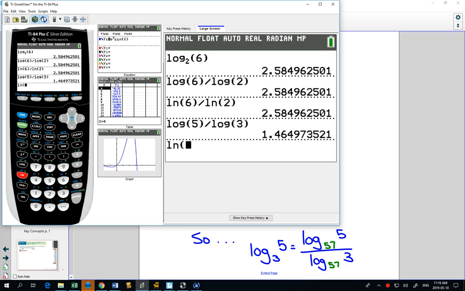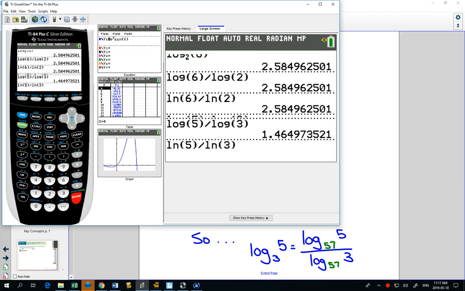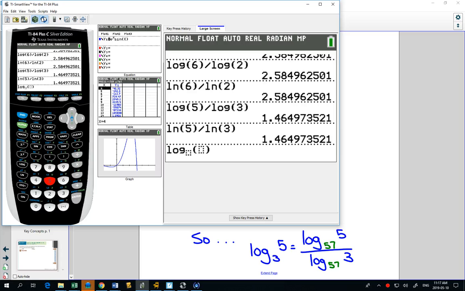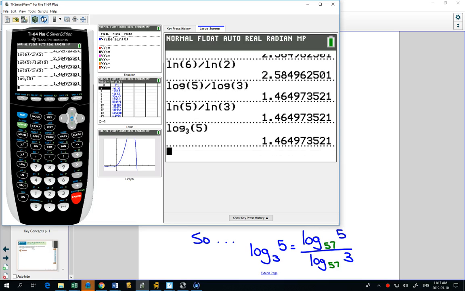Or I could do natural log 5, because that's a different base, divided by natural log of 3. And all of these are going to be equal to log base 3 of 5. So it allows us to change our base, possibly to make it easier for our calculator to figure it out.